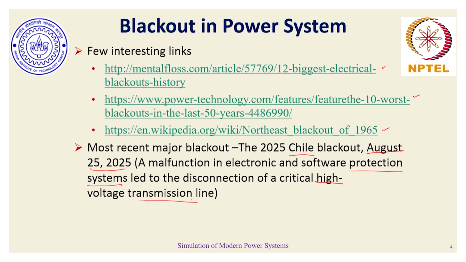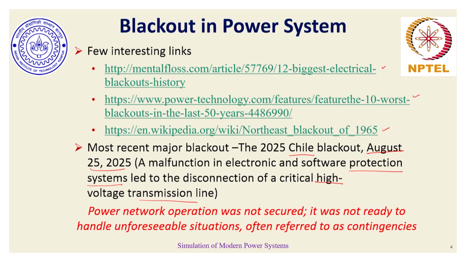It was supposed to operate, but it got non-operational, and as a result neighboring lines got loaded and then a cascading event happened. The reason for explaining all this in terms of blackout is that in all these events of blackouts, the network was not operating in a secured fashion.